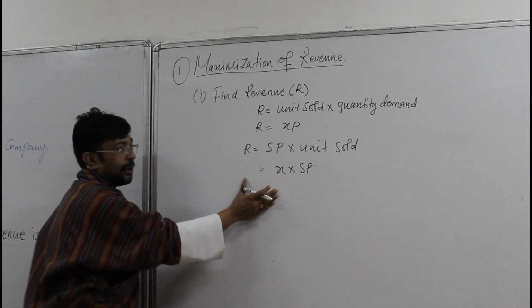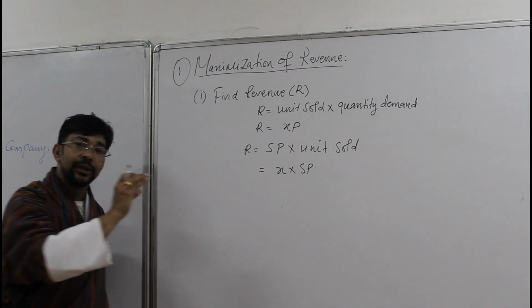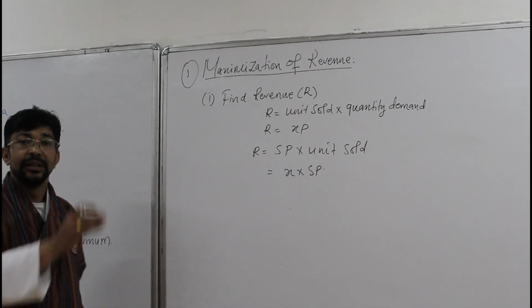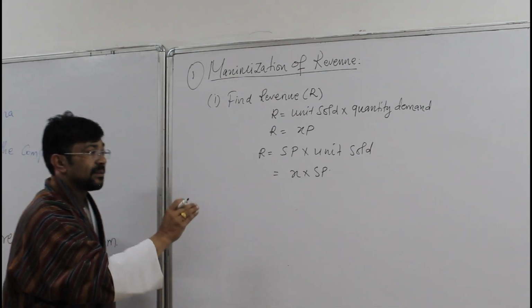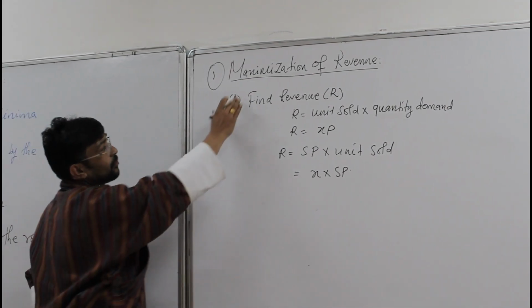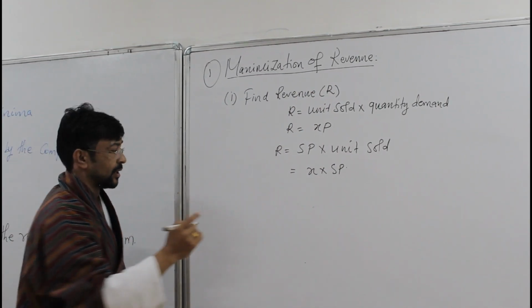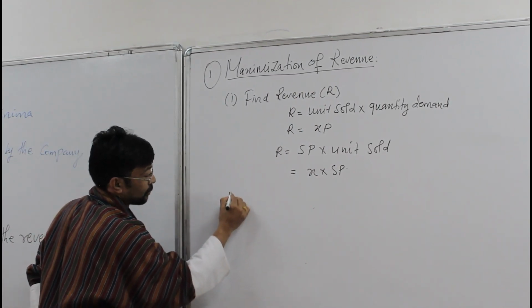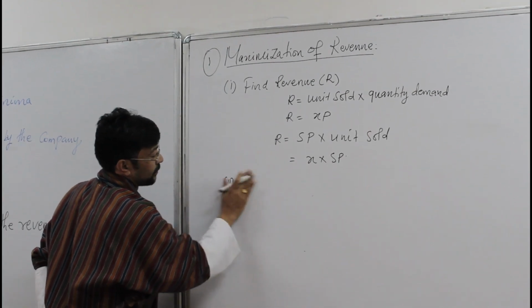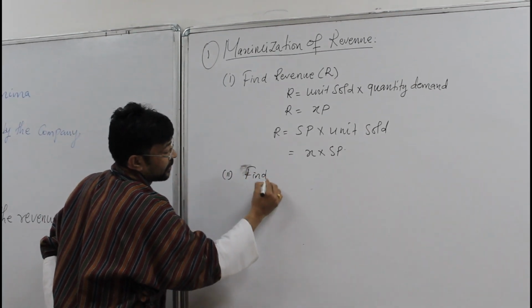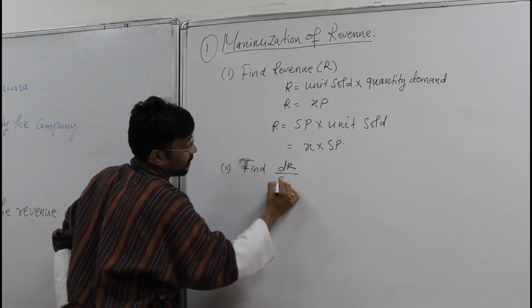Once you find the revenue, you have to use the steps that have been given for maximum and minimum values. Since you are maximizing the revenue, you first have to find the derivative. So step number 2: find dR by dx.